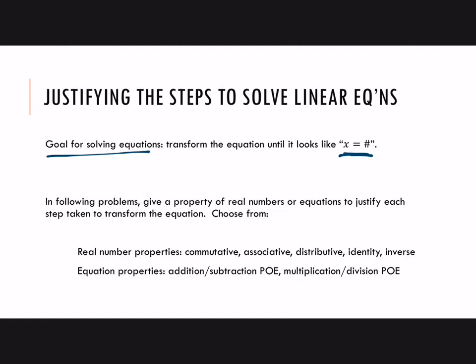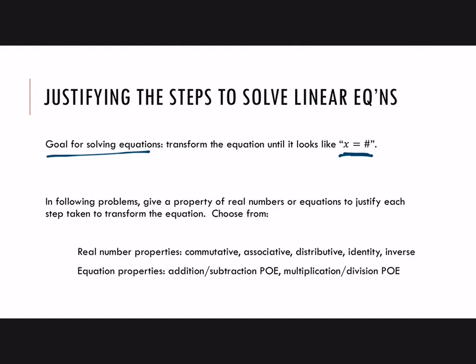So in these following problems, I've actually written out all of the steps to solve the equations. They are already solved, but what we want to do is justify the properties that we used in order to solve those equations. So we're basically just giving reasons for all of the work that's been done. So here are the options.